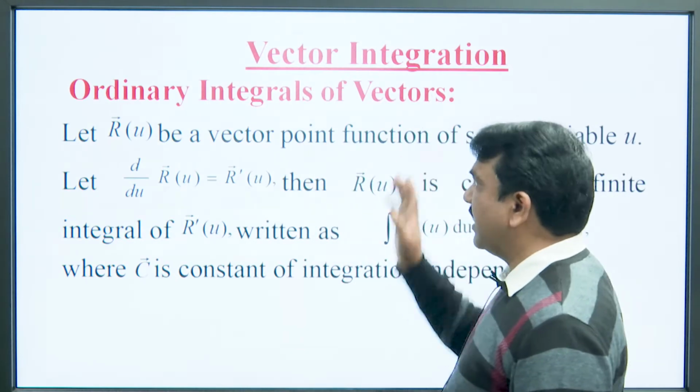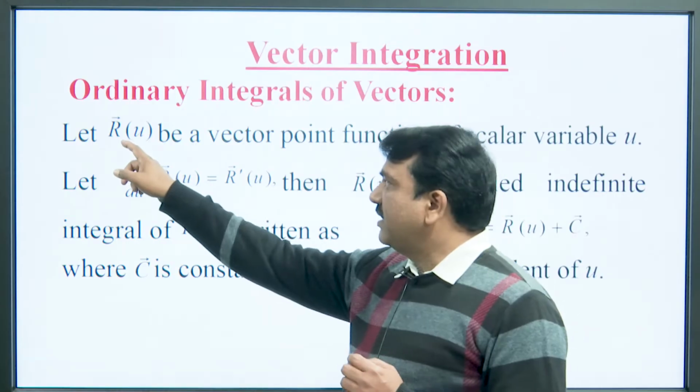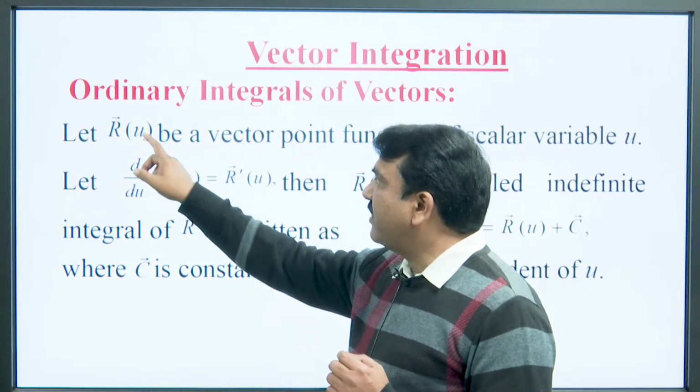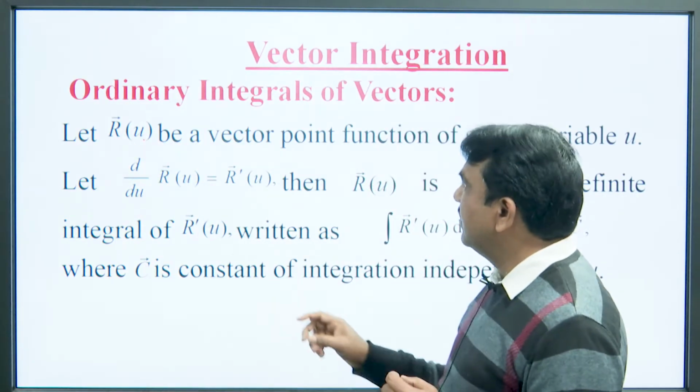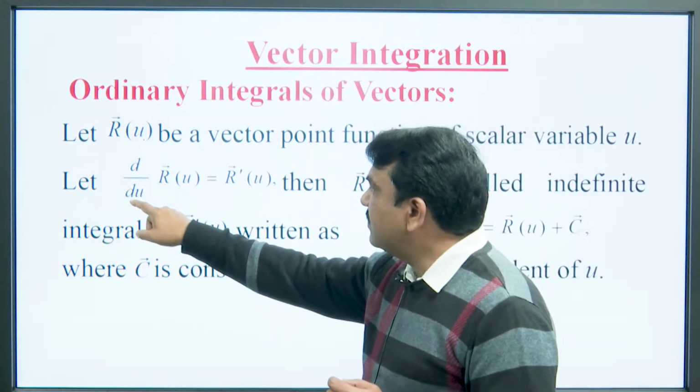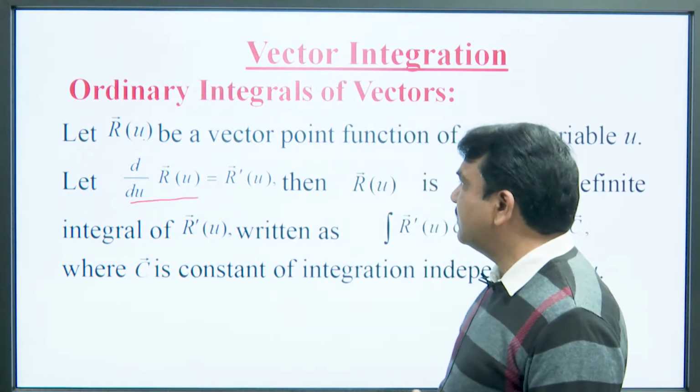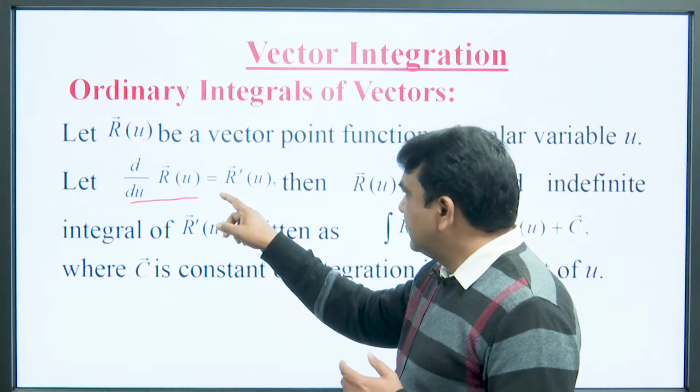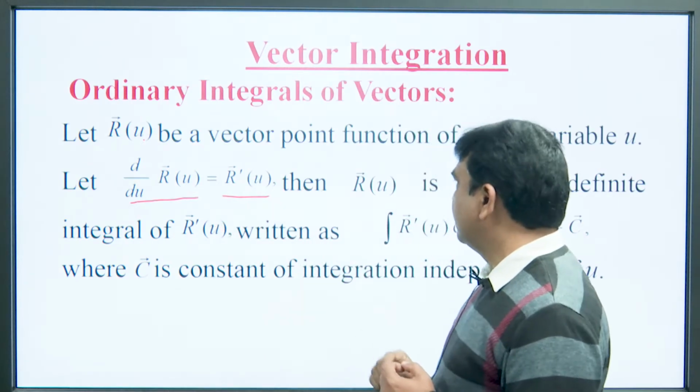Ordinary integrals of vectors. If r is a vector point function of a scalar variable u, then we can find the derivative d r by d u as r dash u.